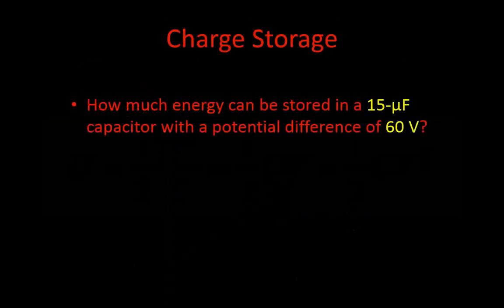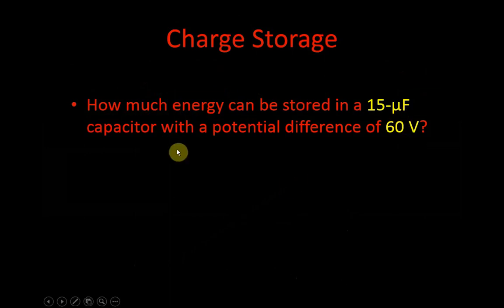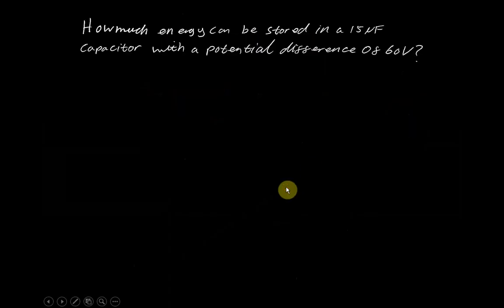Consequently, we can use these equations. So how much energy, not potential, but how much energy can be stored in a 15 microfarad capacitor at a potential difference of 60 volts? Well, the potential energy here is 1/2 CV squared.